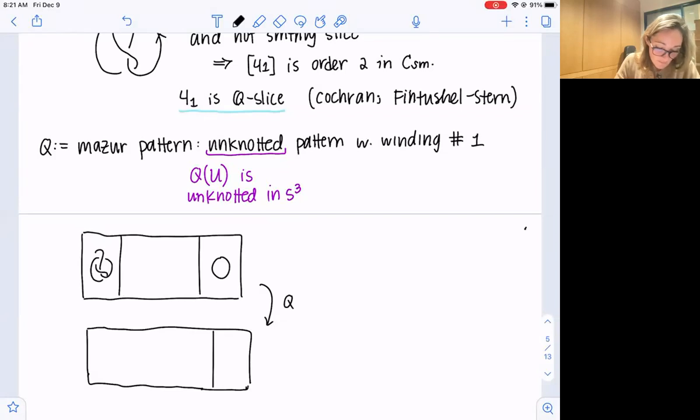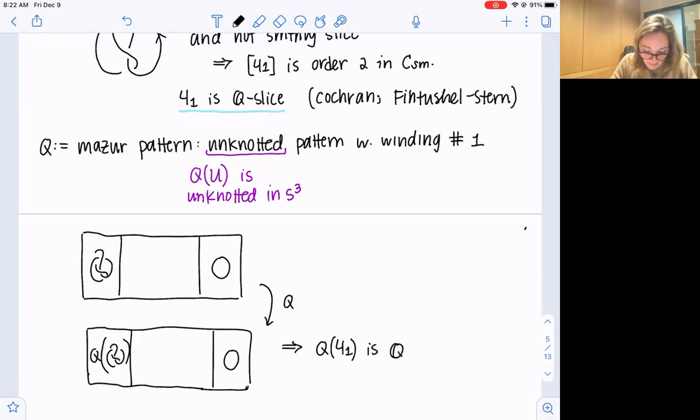So since the image of the unknot under Q is just the unknot again, then the image of our knot under Q will also be rationally slice. So this tells us that Q of 4_1 is rationally slice. And this is a condition particular to unknotted patterns. This is true for any category of concordance or sliceness. It's preserved under taking this type of pattern.